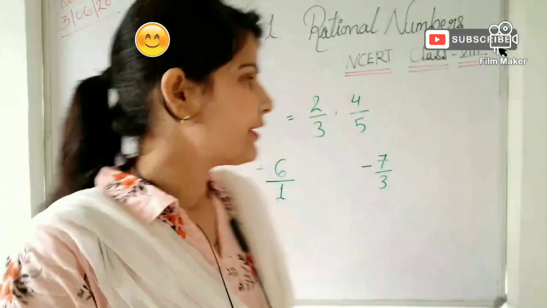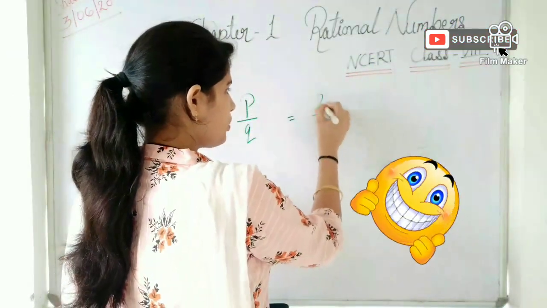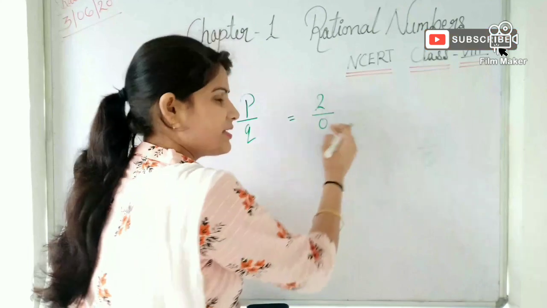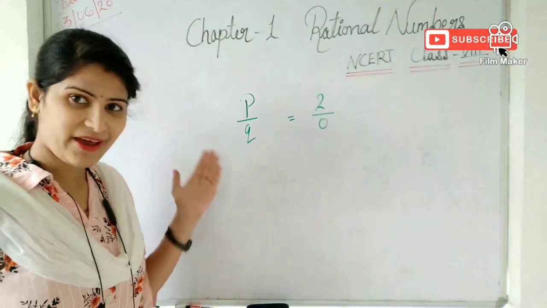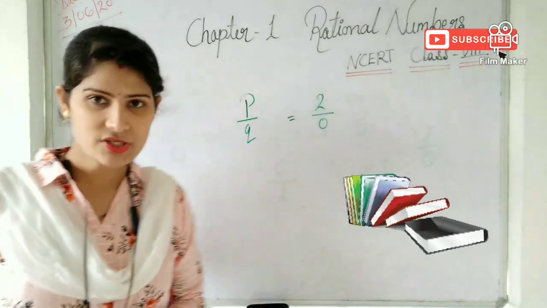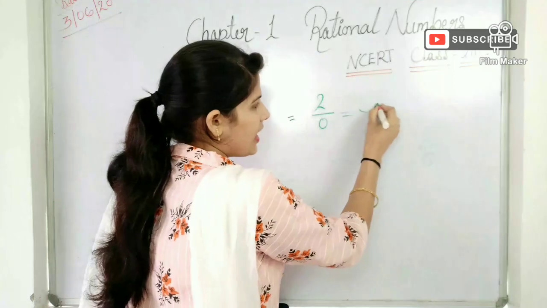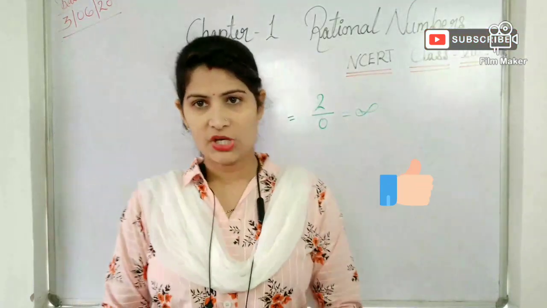Okay. Another example: 2 upon 0. It is also in the form of p by q, but this is not a rational number. Why so? Because when we solve this number, its answer is infinite.